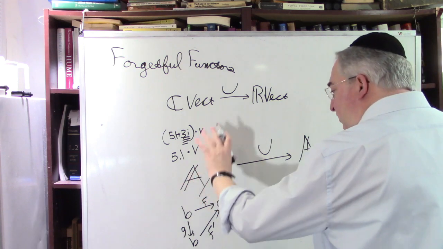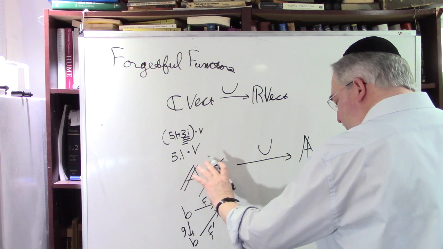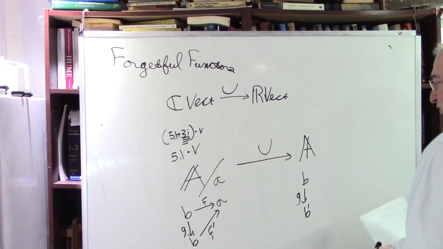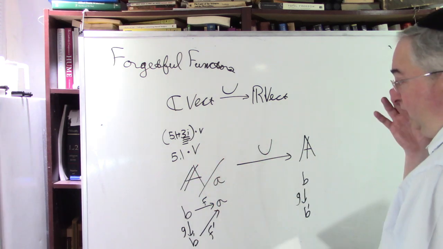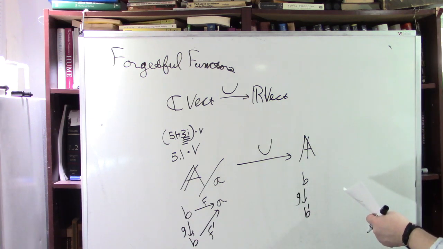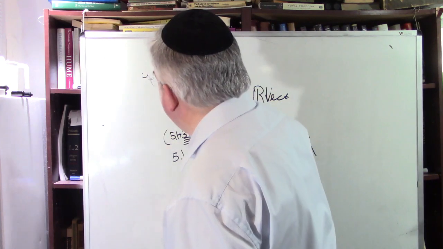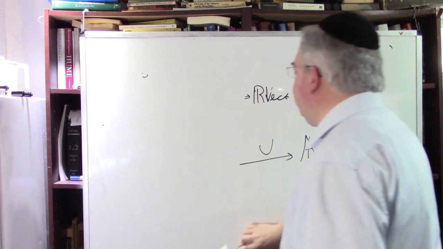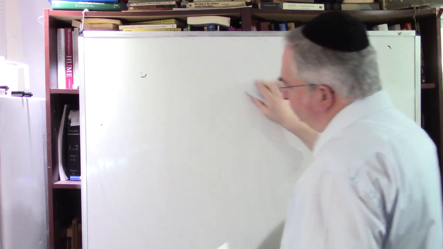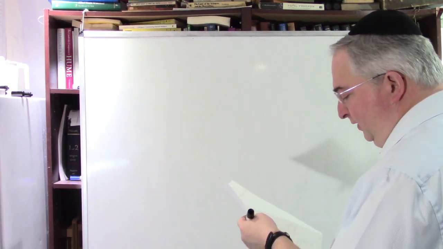Think of a slice category as A with extra structure. Forget the extra structure, you get that.